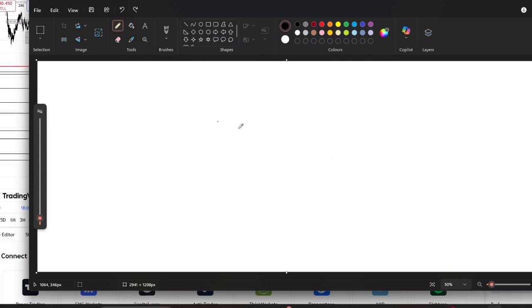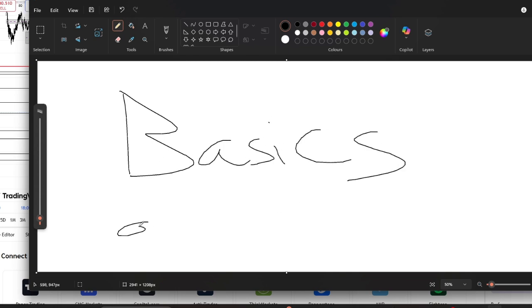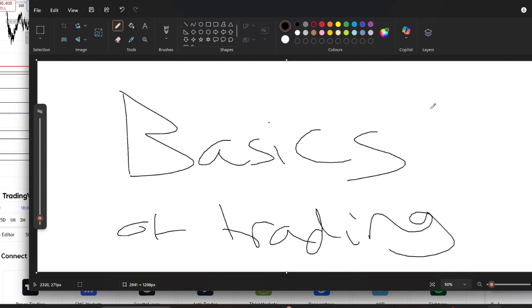That is the basics of trading summed up. That is literally all you need to understand to get your kickstart into learning the language of charts, the alphabet of charts, okay? How the stock market works, where to look for it, and how to actually integrate it into your own life.